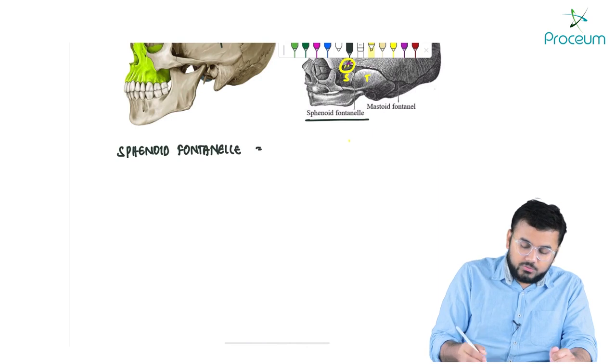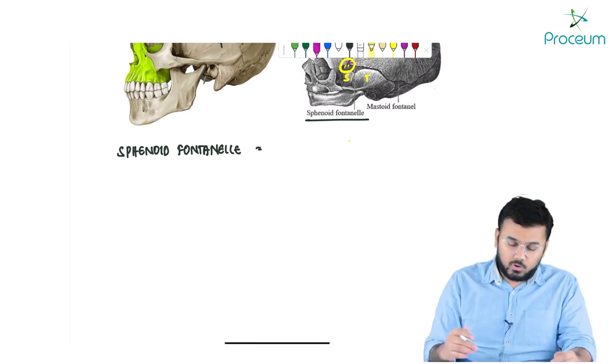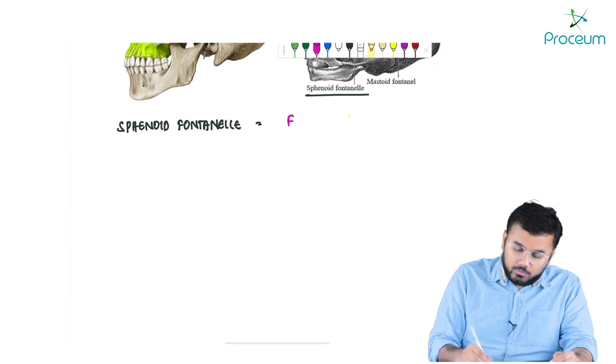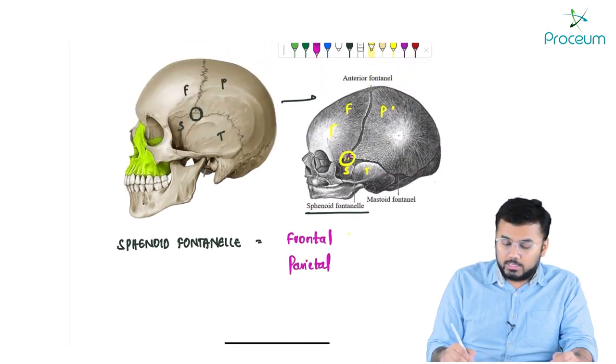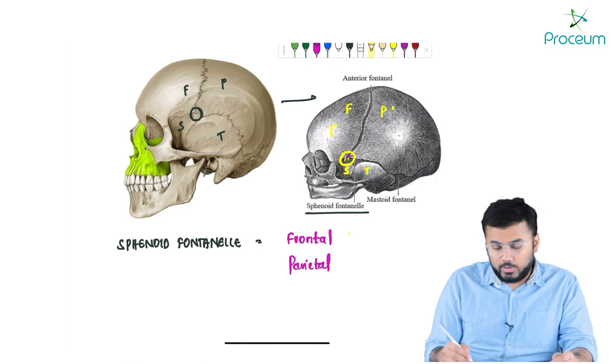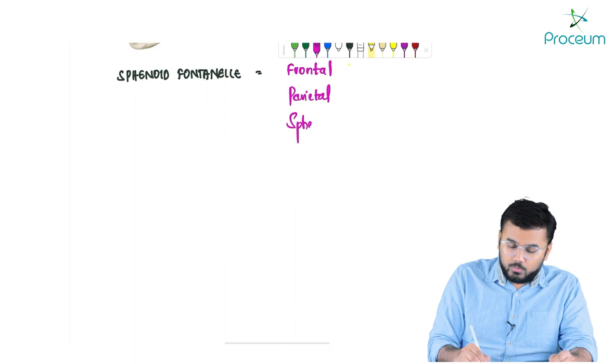By which bones is this sphenoid fontanelle formed, guys? It is formed with the help of frontal bone, with the help of parietal bones, and don't confuse, most of you put temporal bone, it is sphenoid bone.